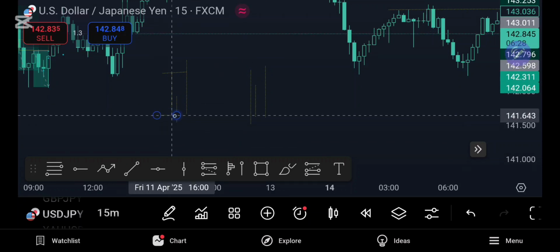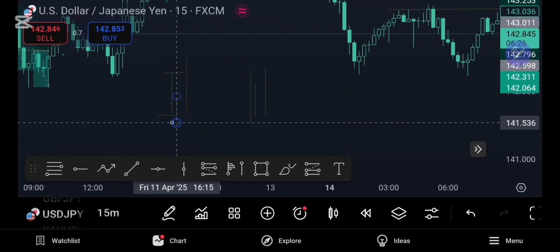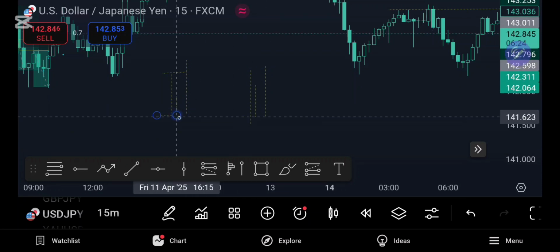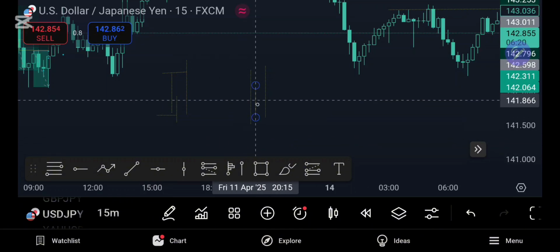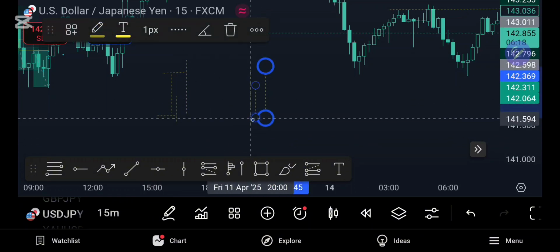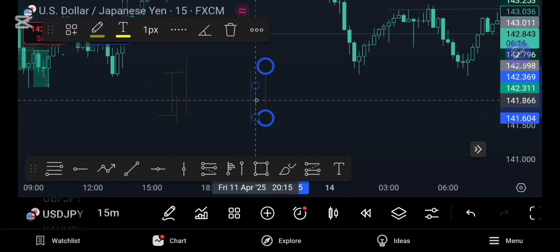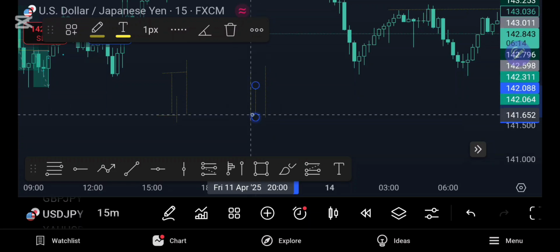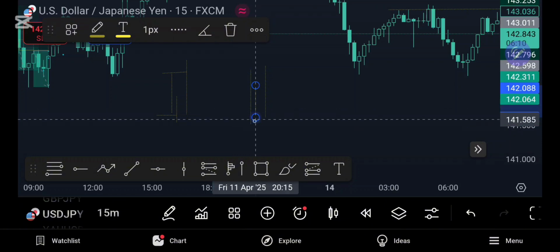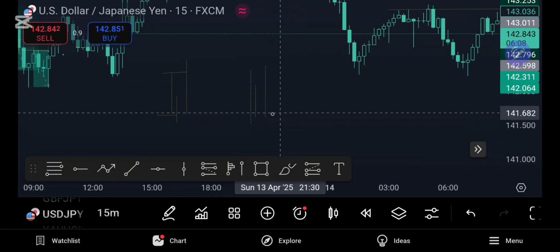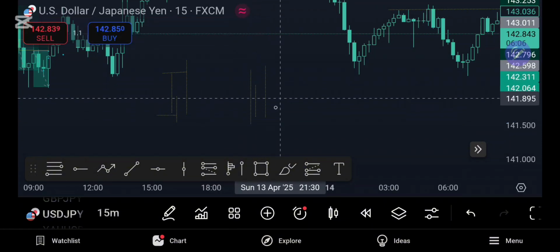Now you see that the two of them have something in common, which is the three candle formation. There are three candles, but this other one didn't break the previous one. It didn't break this center one, and it didn't also sweep it. So that is why it's not a swing.